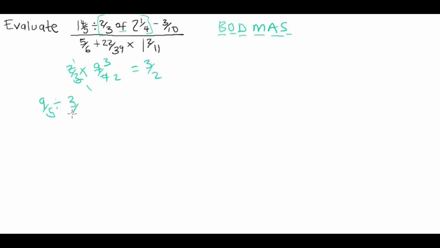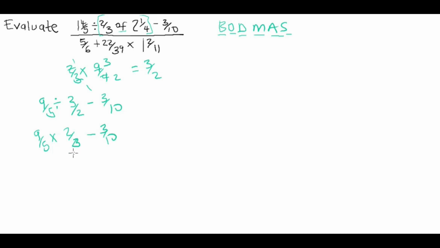3/2 minus 3/10. So applying BODMAS again, this is a division. The operation which follows "of" is division. So here is the division, and we can write this equation as 9/5 times 2/3 minus 3/10.